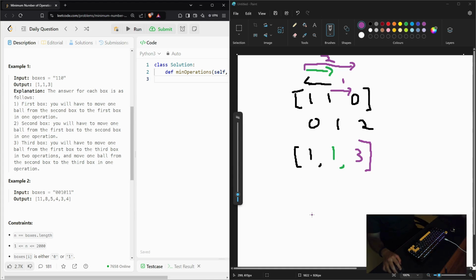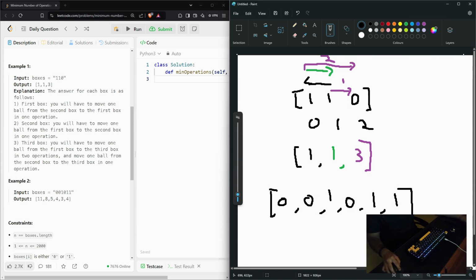To optimize this, what if there was a way wherein at each index we basically get what operations we are doing at each index. Let's say I'm going to take the first example again. We have this right here. So far we have been doing the calculation manually, calculating how many times we have to move.